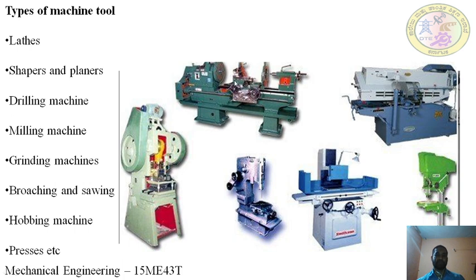For example, the lathe is used for machining cylindrical surfaces, whereas drilling machines are used for producing holes and taps, and presses are used for pressing, to produce tap dies. Milling machines are used for producing flat surfaces, and shapers and planers are also used for producing flat, horizontal and vertical surfaces, keyways, etc.